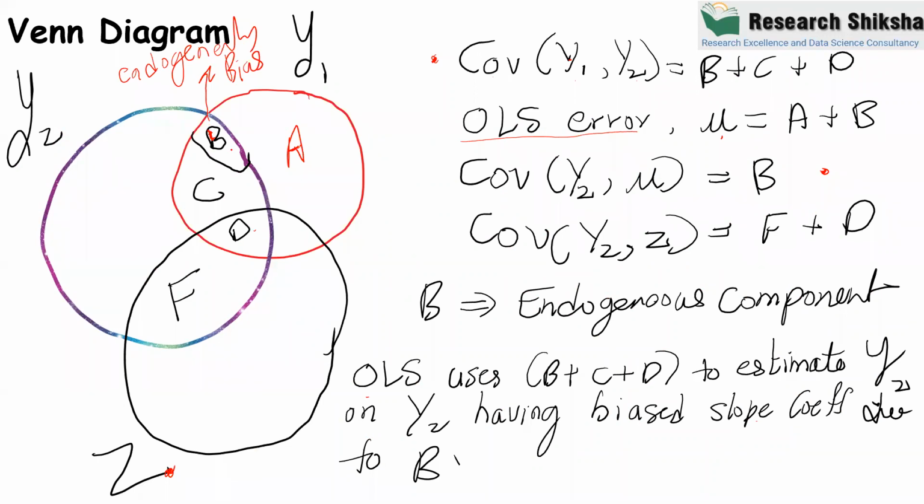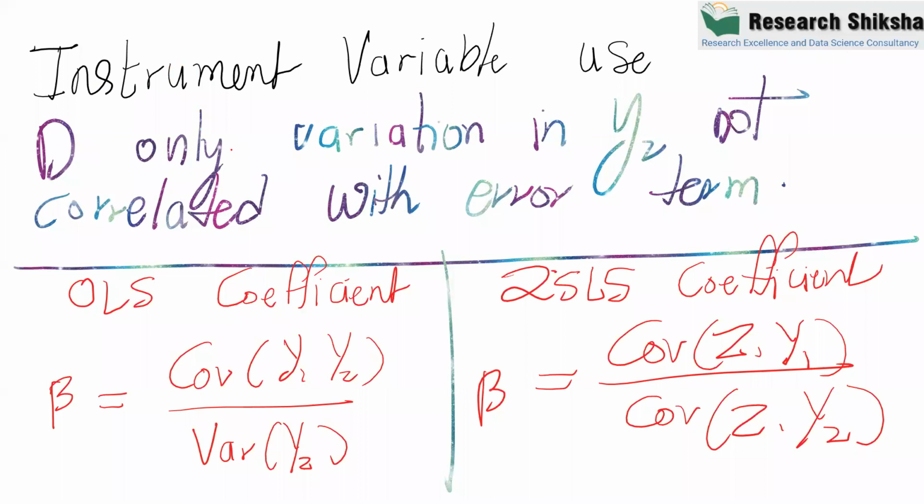So this is the insight which I want to give you to explain the removal of endogeneity bias by the instrumental variables. Mathematically it is quite complicated, so I just try to explain with the help of this Venn diagram. Now, what happens after applying the second stage least square? If you apply OLS, the beta is equal to the covariance between Y1 and Y2 upon the variance of Y2. This is the mathematical formula for calculating the slope coefficient in OLS.